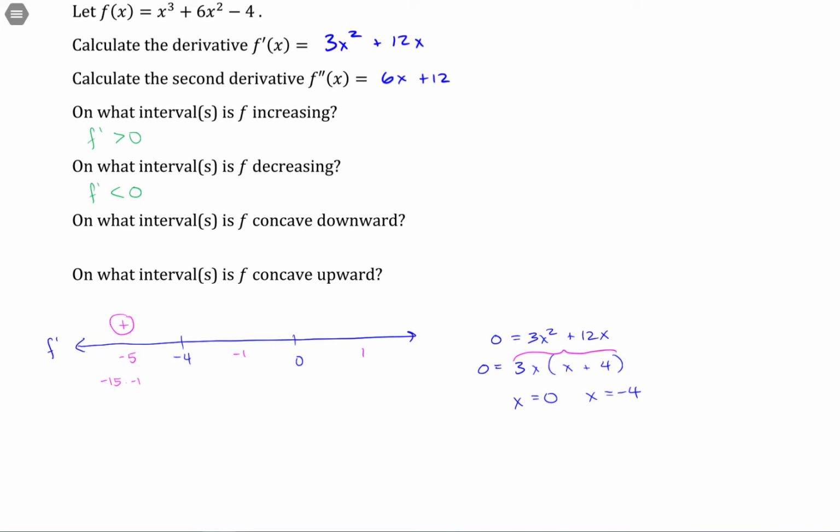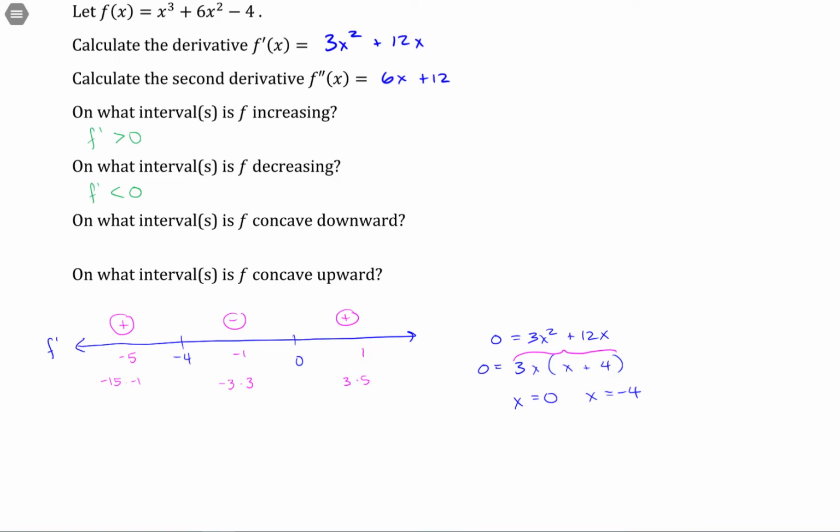Then at negative 1, 3 times negative 1 would be negative 3. Negative 1 plus 4 would be positive 3. So negative times positive is a negative. And 3 times 1 is 3. 1 plus 4 is 5. So that is positive there. So now I can interpret here.